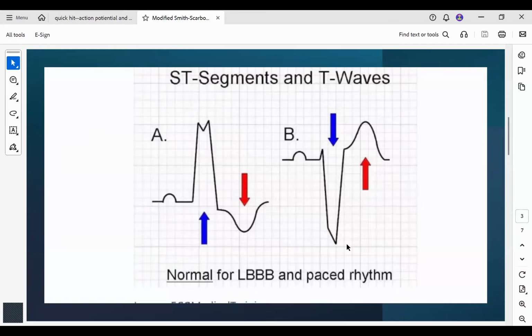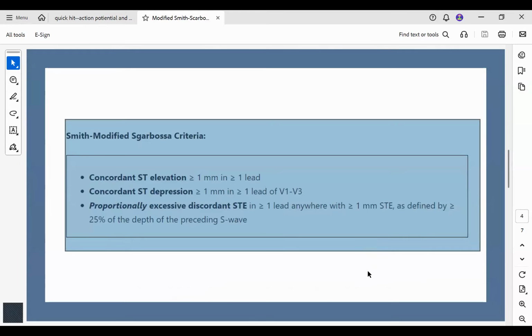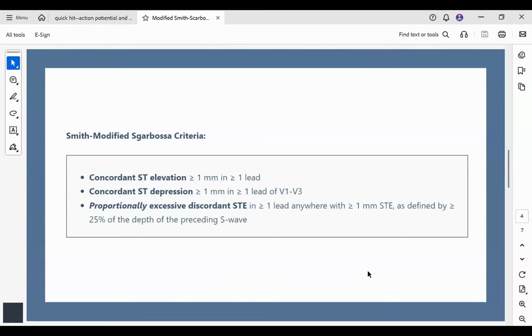For the first one, we have a predominantly upright, positively deflected complex, and then this ST segment that's negatively deflected. This ST segment is predominantly negative, but then the T wave is predominantly positive. So that's kind of normal for a left bundle and paced rhythm.